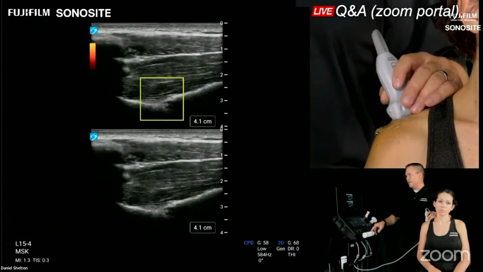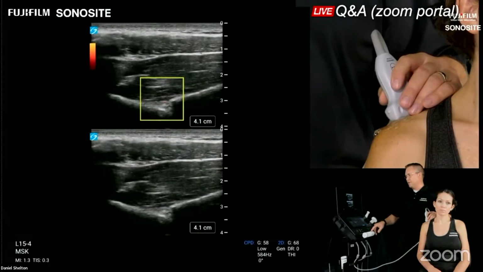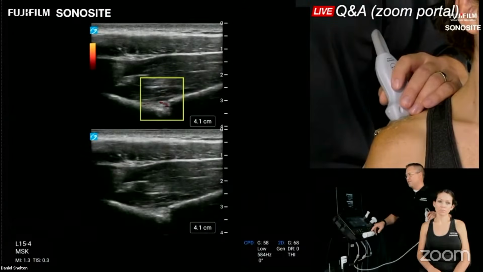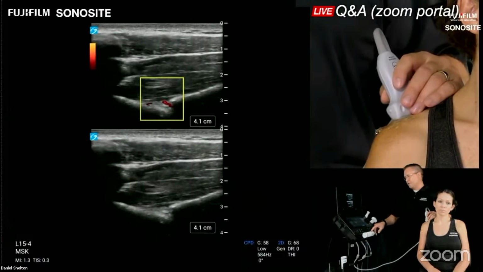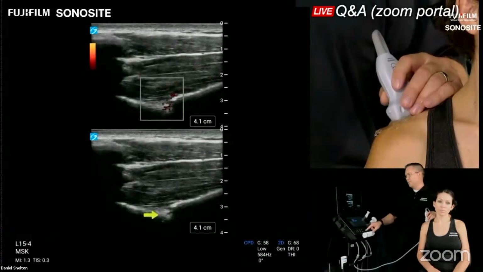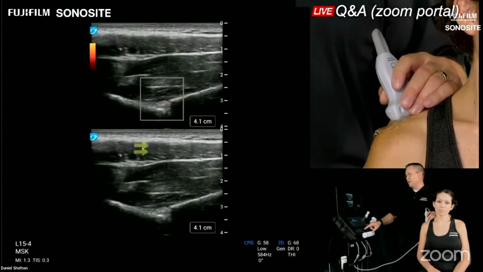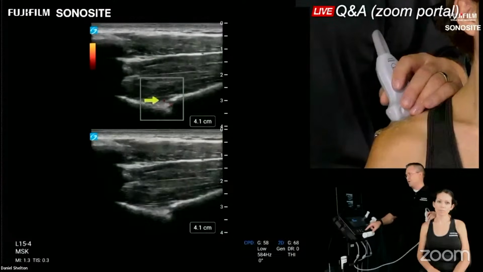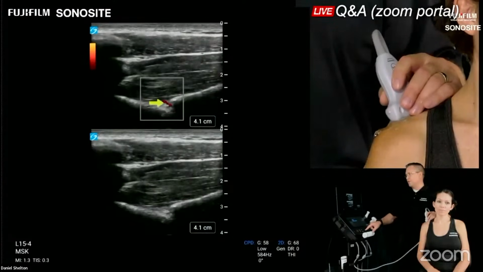So the bottom is a live indicator of what's happening on top. And if you're doing a very detailed procedure that requires some sort of arterial landmark, I really do recommend using the color compare tool to drive your needle and also observe where not to put your needle, like in the suprascapular artery here.